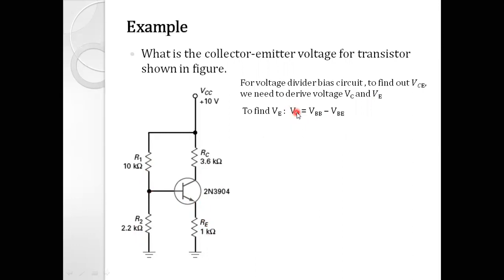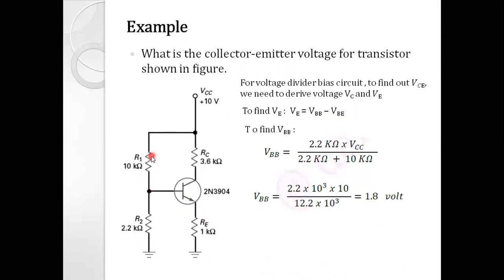So when we make VE the subject of the equation, we get VBB minus VBE, right? To find VBB, as I said, R1 and R2, these two resistors form a voltage divider network. So by using that concept, we can find out the voltage at the base terminal.